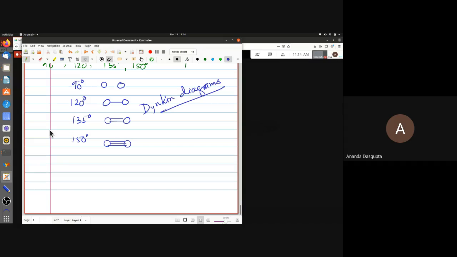Now, this gives us an immediate additional piece of information, which is that all the simple roots are linearly independent.